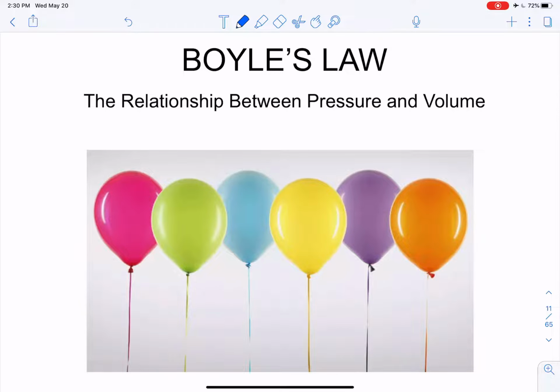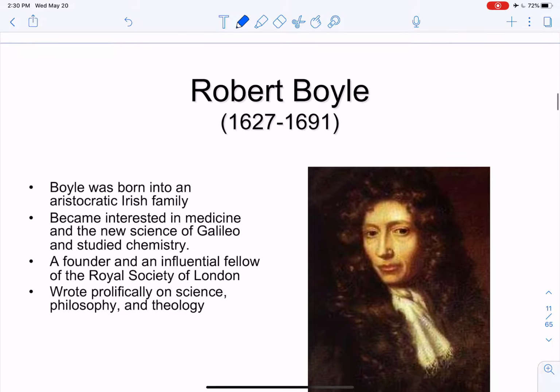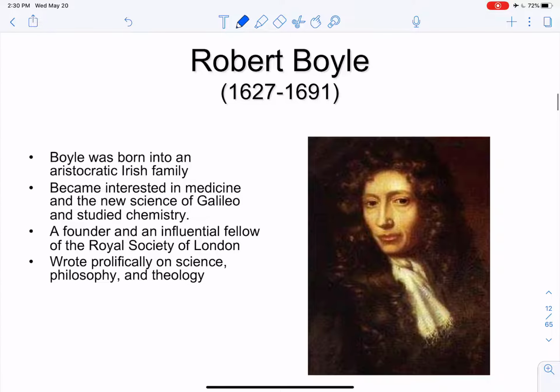And Boyle's Law talks about the relationship between pressure and volume. That says that the more pressure we're under, the larger the volume of Doritos that we eat, right? Just kidding.